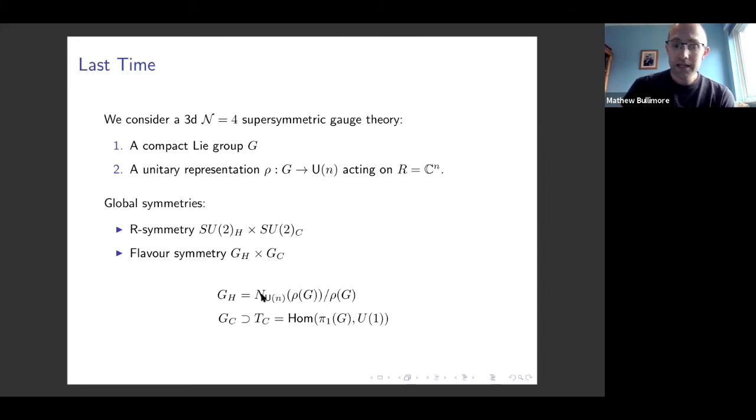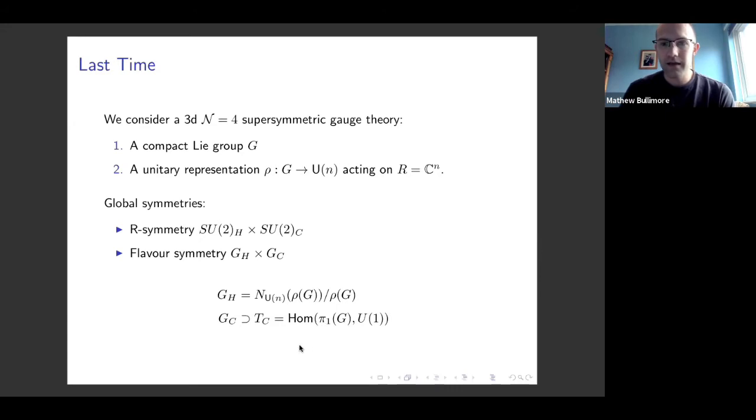In particular, G_Higgs is something like the residual symmetries left over acting on all of the hypermultiplet fields once you've removed gauge transformations. And for G_Coulomb, we didn't describe the full G_Coulomb, but we described at least an abelian subgroup of it, which is sometimes called the topological symmetry. That's given by the center of the Langlands dual of the gauge group.